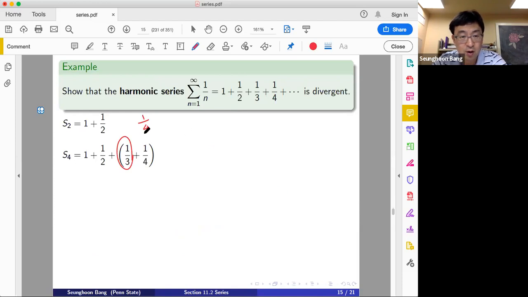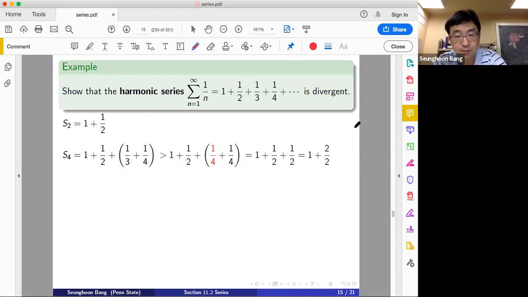Which one is bigger? The 1/3 is bigger. You can keep everything else and only replace 1/3 by 1 over 4. This is 1 plus 1 over 2 plus 1 over 4 plus 1 over 4, and 1 over 4 plus 1 over 4 is 1 over 2. I can change it to 1 plus 2 over 2.